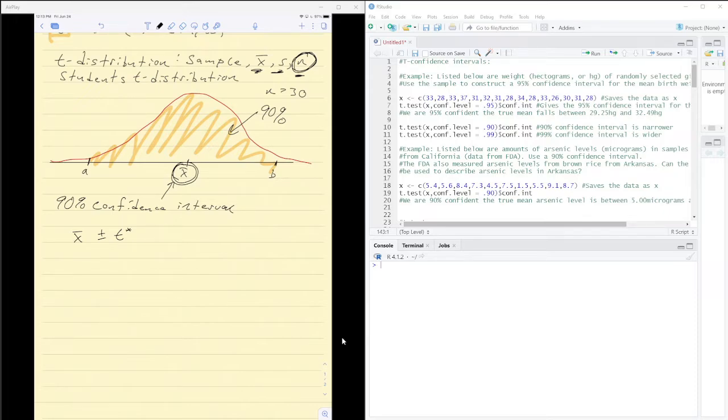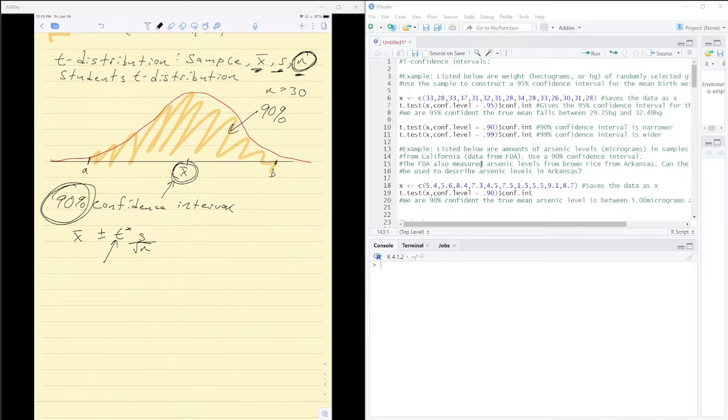I call it t star, times your standard deviation over the square root of your sample size. And this will depend on your level of confidence. It'll depend on your sample size.